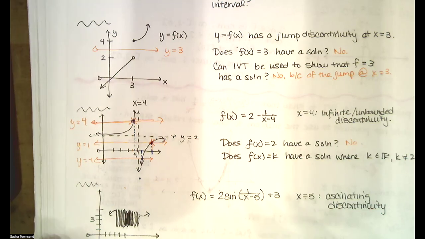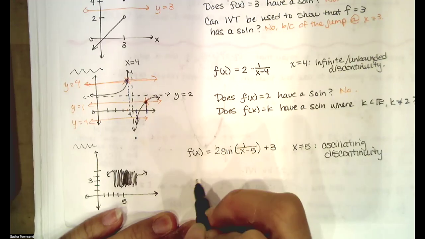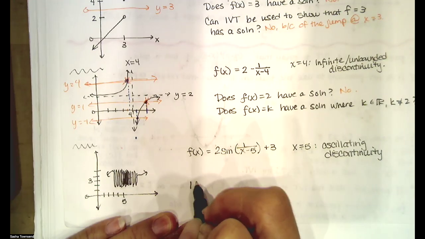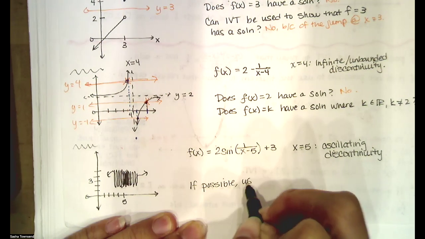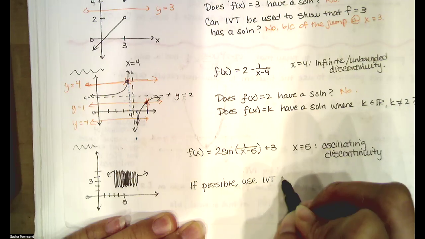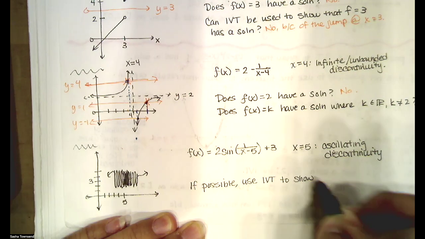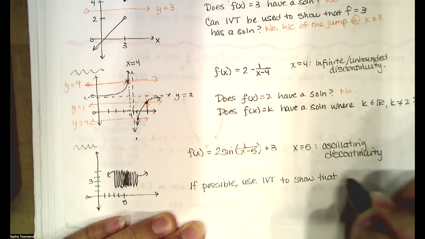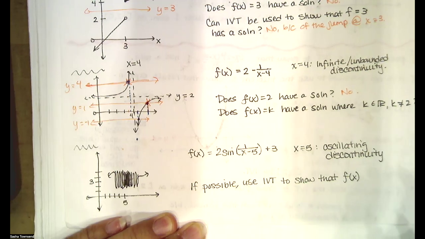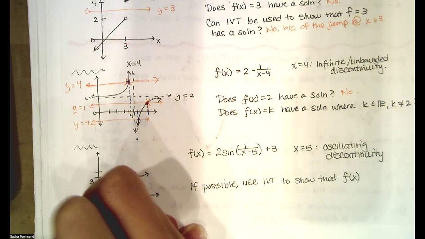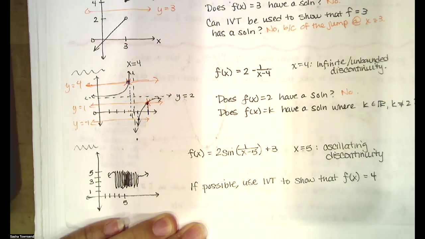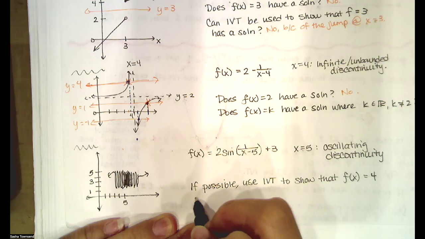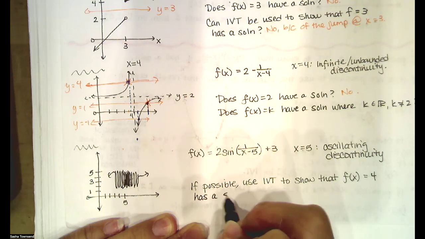So someone might say to you, if possible, use the intermediate value theorem to show that f of x equals 4 has a solution.